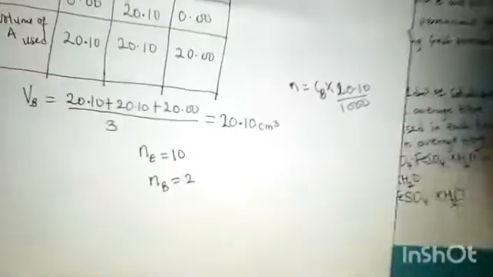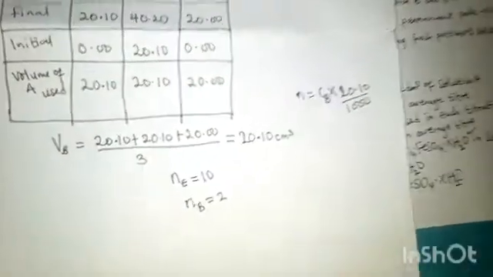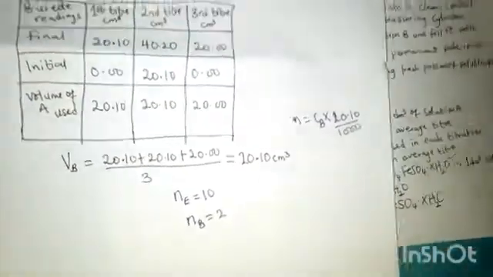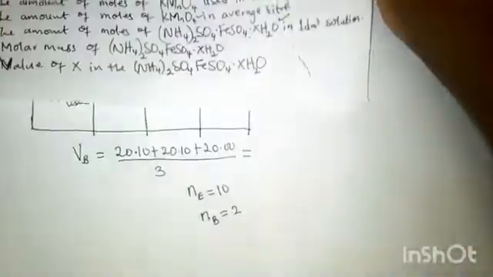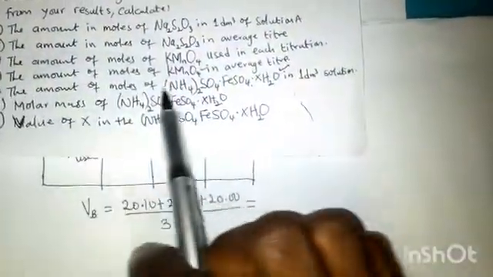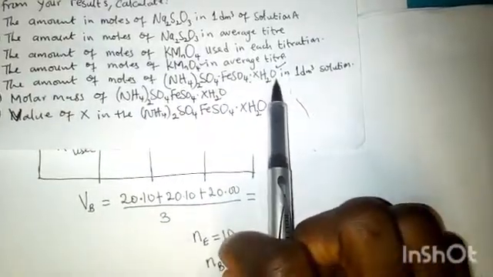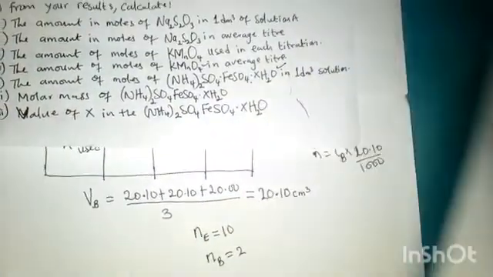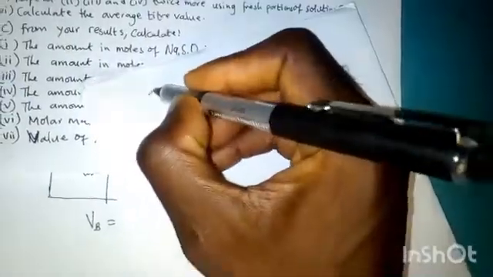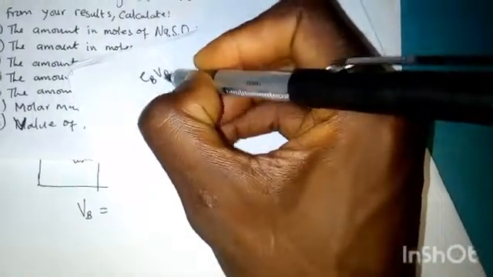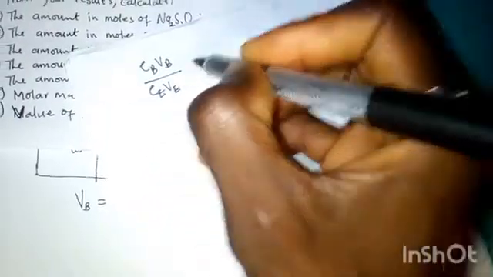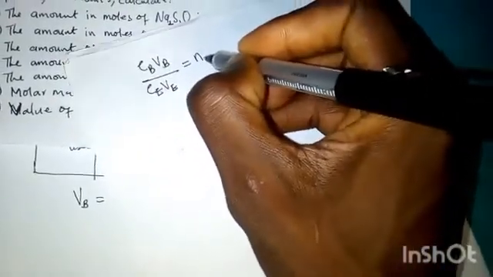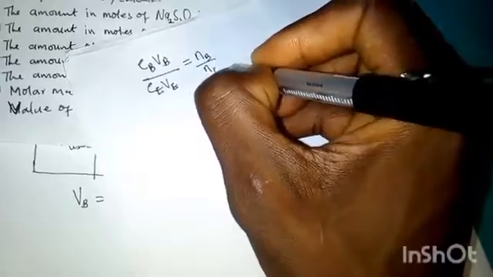To find the number of moles of these in mole per dm cube, in 1 dm cube, we'll still use the formula CBVB over CEVE equals NB over NE.